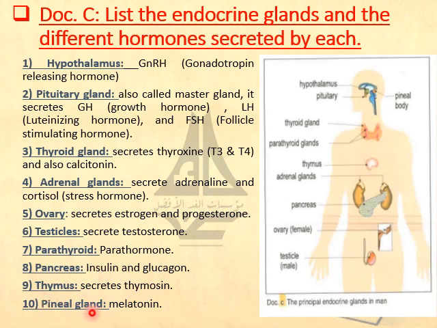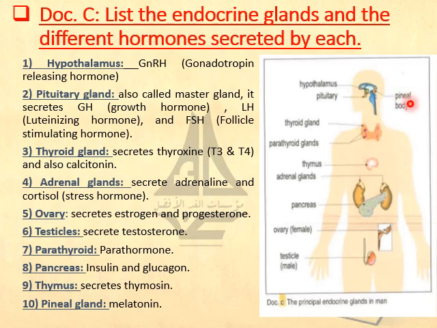And finally, we have the pineal gland. It is important for the secretion of melatonin. Melatonin is a hormone that the brain produces in response to darkness. It helps our body to sleep. So at night, the level of melatonin increases.